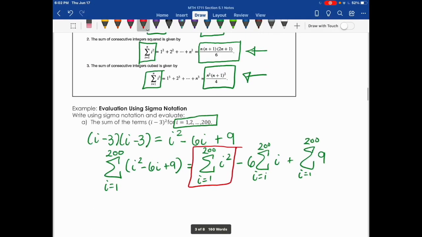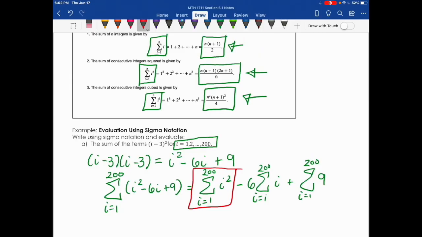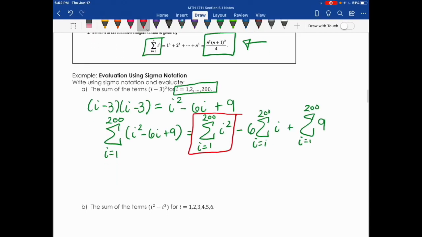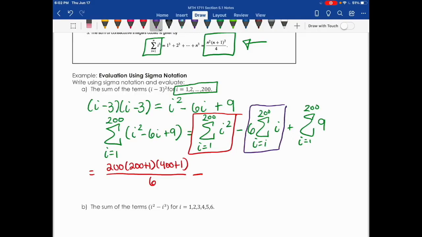So when I evaluate this first term using the formula up here, we're looking at i squared. The formula is n times n plus 1 times 2n plus 1 all over 6. Since our n is 200, I'm going to plug 200 into that formula and get 200 times 200 plus 1 times 400 plus 1, all over 6. That's the first term.